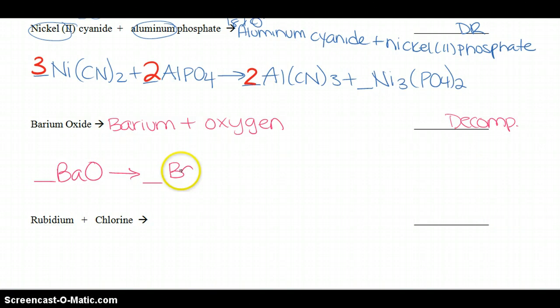Barium by itself is just Ba. Oxygen, ding ding ding, diatomic. All right, O2. So then we need to balance it. I've got 2 oxygens on the right, 1 on the left, so I need to apply a 2. Now I have 2 bariums on this side, 1 over here, so I apply a 2 there, and it's balanced.